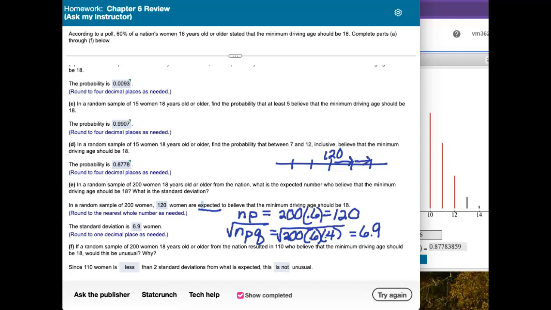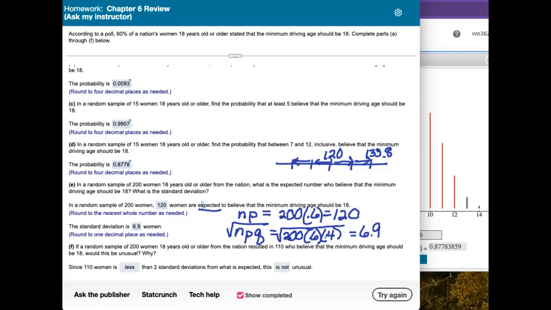So anything beyond that, that's 13.8, so this is 133.8. So if I'm looking at a value beyond 133.8, then that would be unusual. And the same thing in the other direction, if I went subtracting 6.9 2 times to get this lower bound.